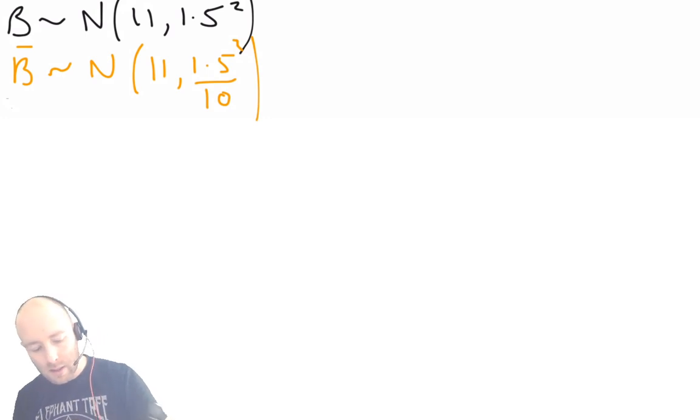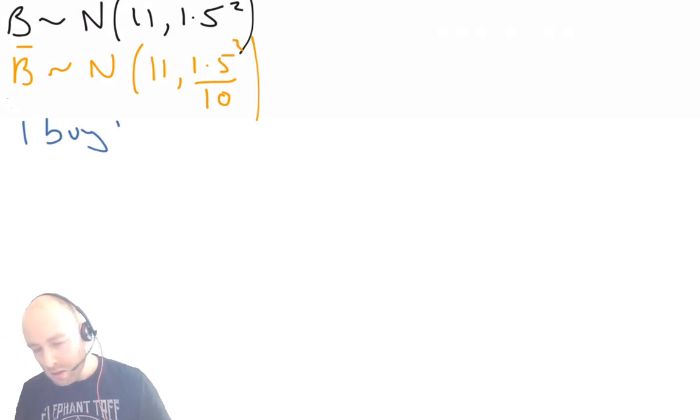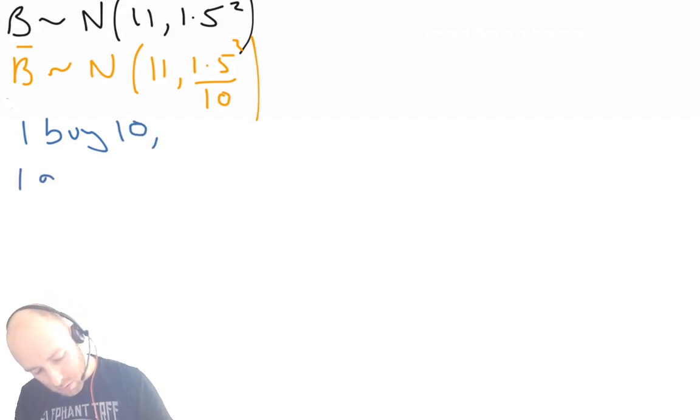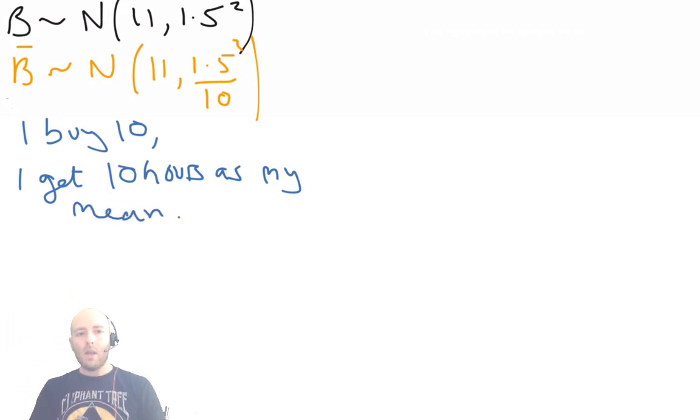Okay, so let's say I buy 10 and I get 10 hours as my mean. So I'm saying, well, the box says it's 11 hours. My mean's 10 hours. I doubt their statement.